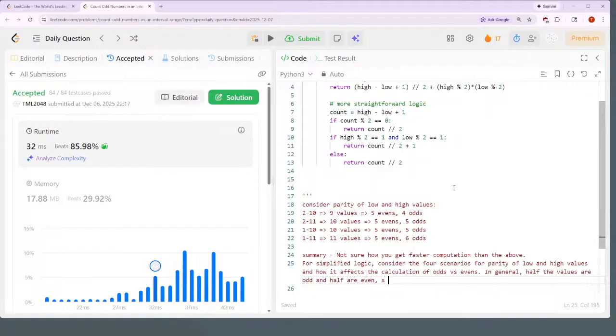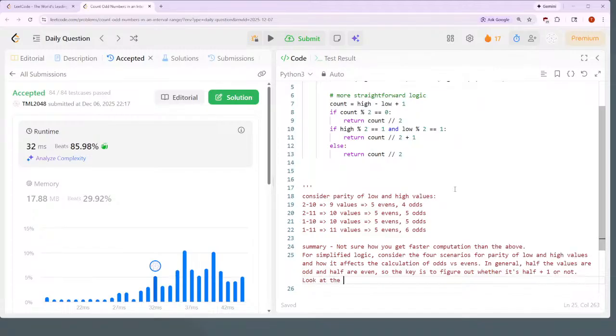The key is to figure out whether it's half plus 1 or not, because half is going to be the rounded down version of the average. If there are 11 values, there's going to be 5 of one parity and 6 of the other.